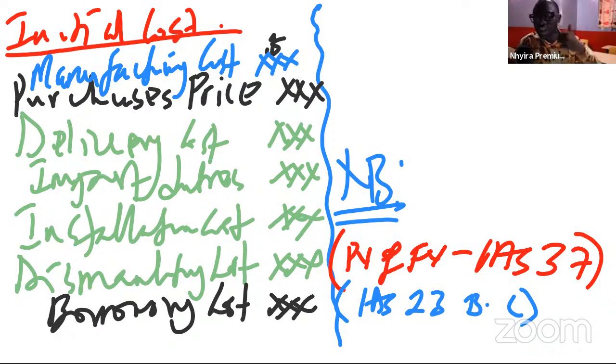Then in case we borrowed money to finance the acquisition, or to construct or manufacture the assets, then the capitalized borrowing cost would also be included in the initial cost of the assets. So these, when we add them up, become the initial cost of the asset.